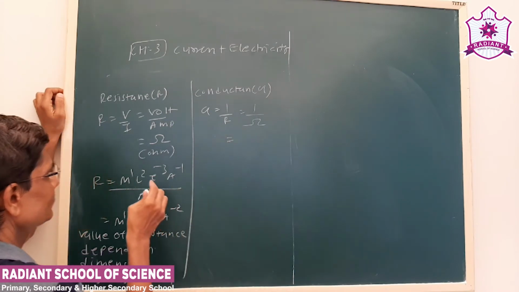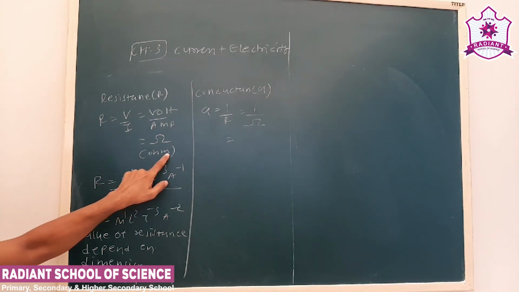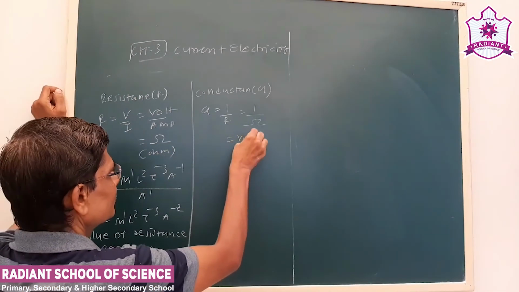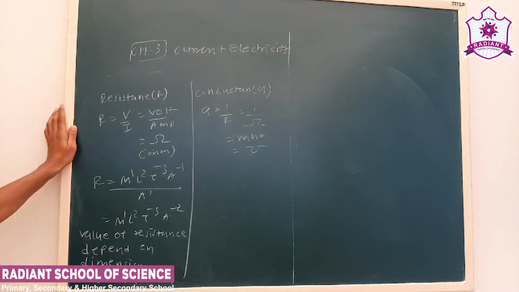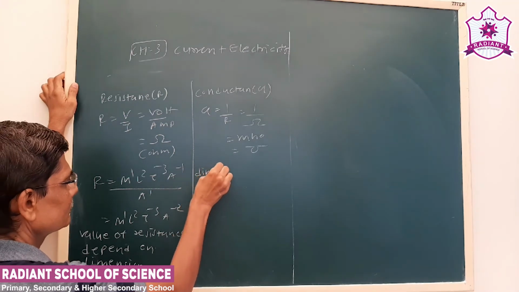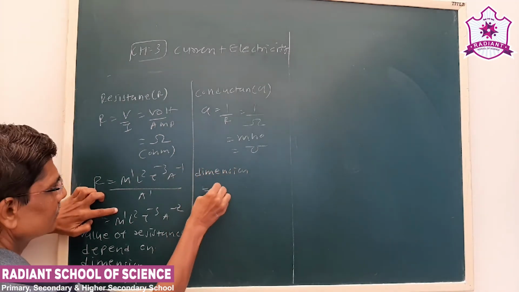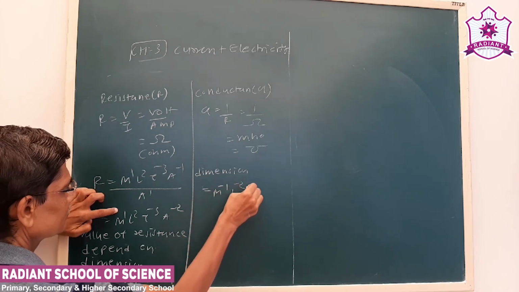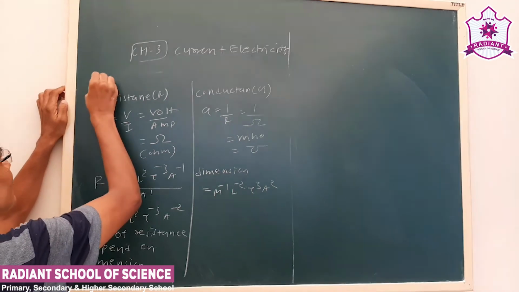If I spell ohm backwards, it will be mho, just the reverse of this. Then the dimension will be M minus 1.